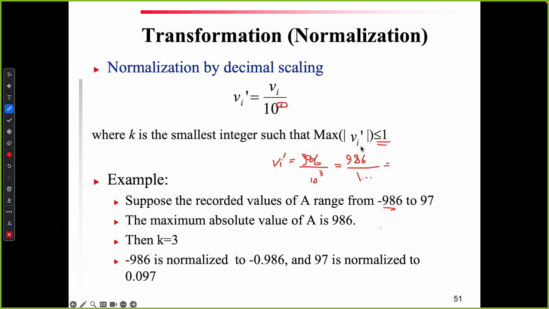If you divide it by 10 to the power of 1, your value is greater than 1. If you do 10 to the power of 2, it is still greater.